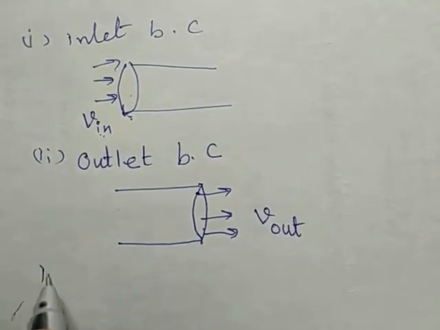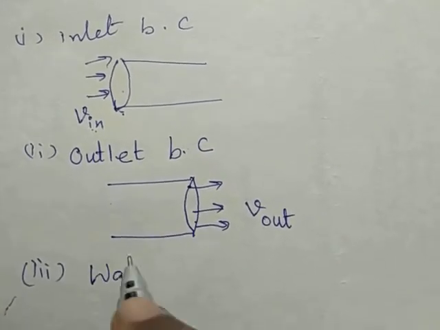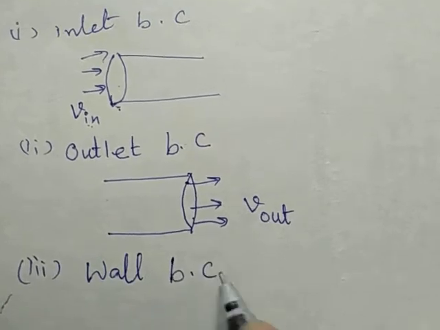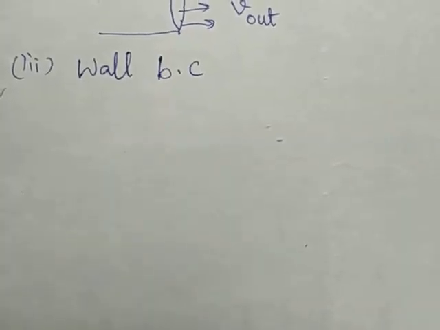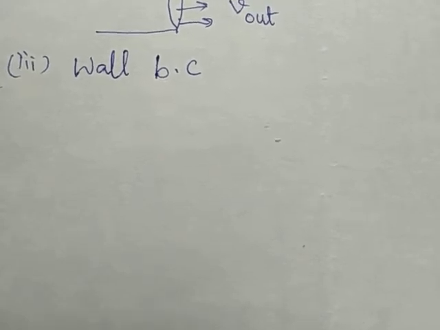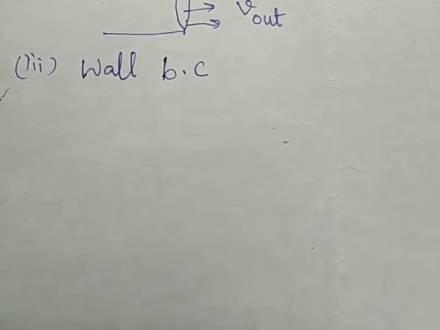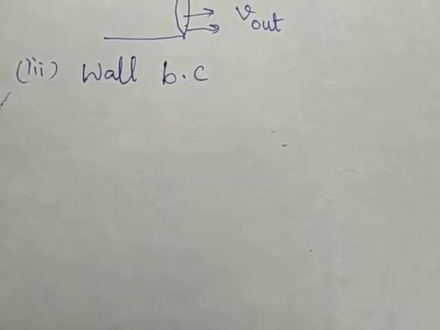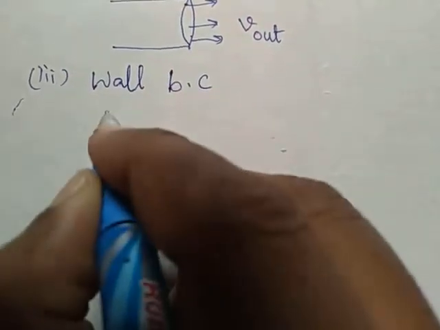The third main type is wall boundary condition. This kind of boundary condition we commonly come across in many fluid flow problems. That is wall boundary condition, which is also known as no slip boundary condition.